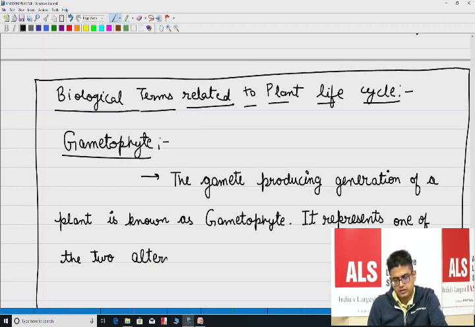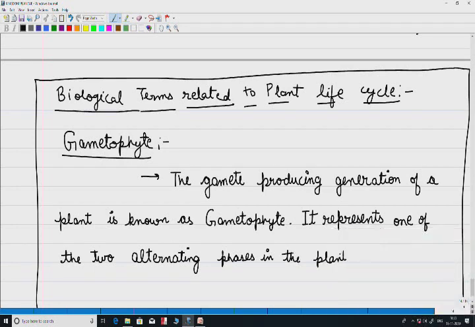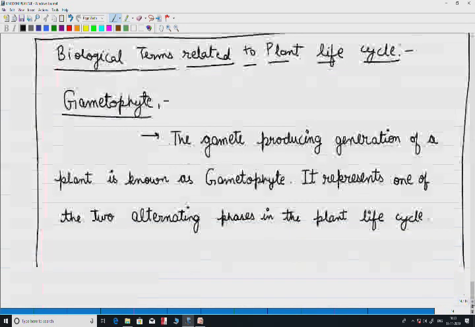Meaning, this will always alternate with the other phase, which is going to be sporophyte. One of the two alternating phases in the plant life cycle. The other phase is sporophyte. Next, we will write about sporophyte.